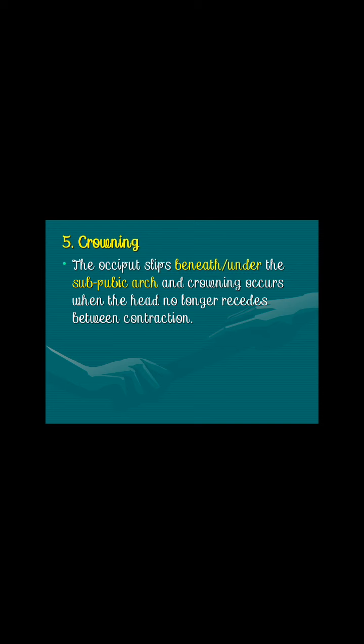Stage 5 is crowning. The occiput slips beneath or under the subpubic arch, and crowning occurs when the head no longer recedes between contractions. Once the baby has rotated from the transverse diameter to the anteroposterior diameter, the head or occiput, the presenting part, will now rest, because it has passed the obstacle, and after rotating it has passed. Now the occiput will be under the subpubic arch or pubic angle or symphysis pubis.